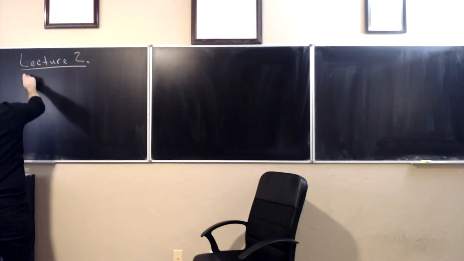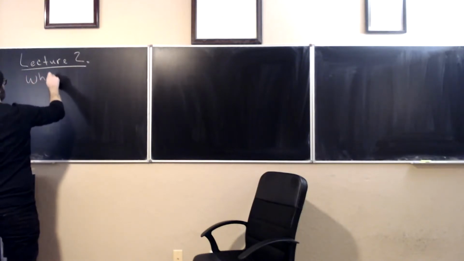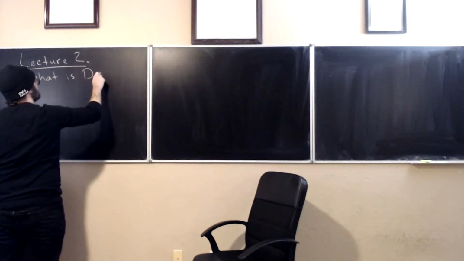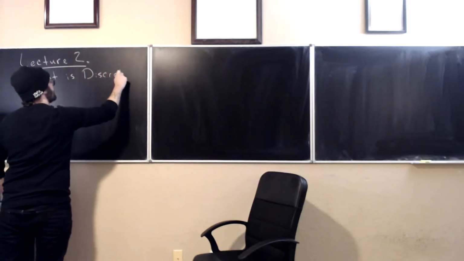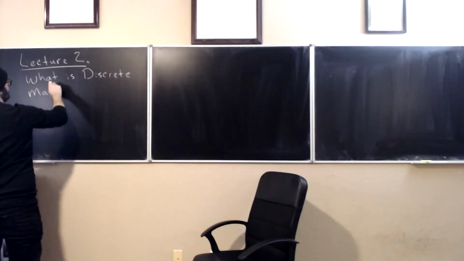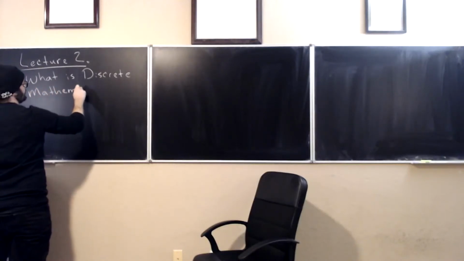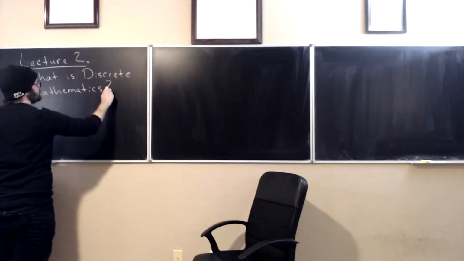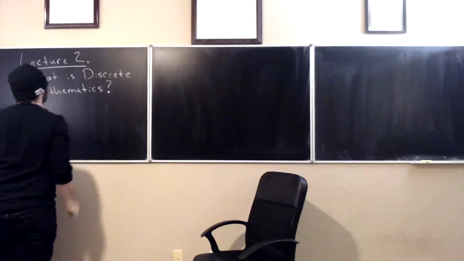And this is all about what is discrete mathematics. And if you have your mic on, please mute it unless you're going to say anything. I'm picking up a lot of sound right now.